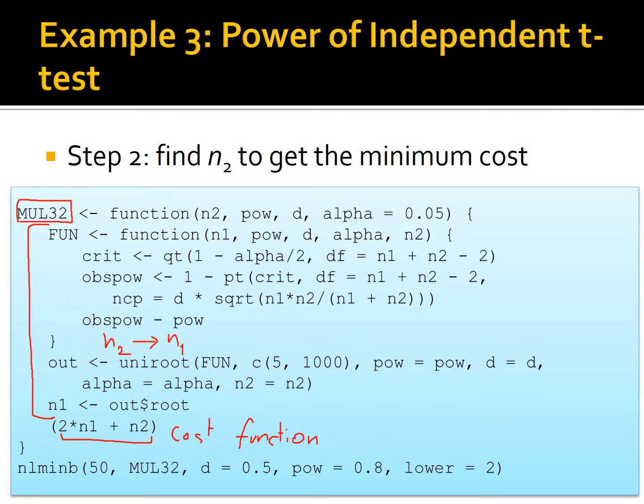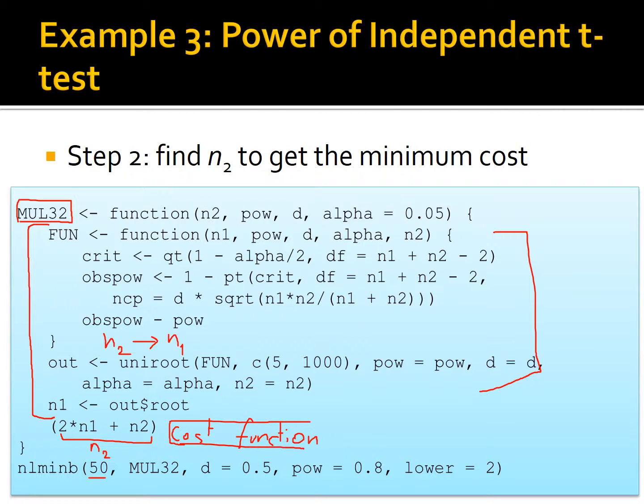The cost function will be used as the result of the function called nlminb, which provides n2 such that it minimizes the cost function. So let's say I start at 50 and I calculate the cost function via the uniroot function over here.